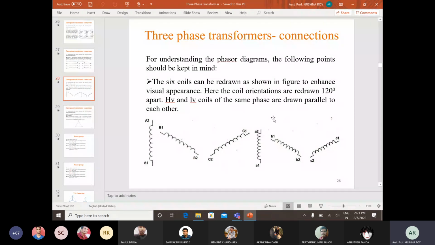For zigzag connection, we will require 9 coils. The phase voltage of any particular phase, for both high voltage side winding and low voltage side winding, will be in phase.